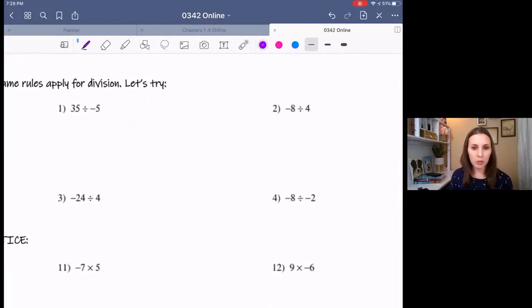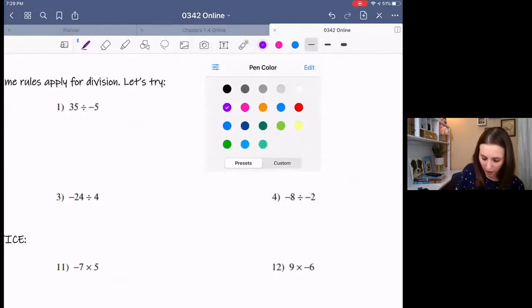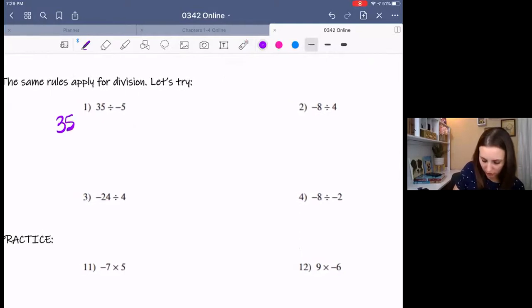And I have some division problems. These are actual division signs. I mentioned that division was multiplication of fractions, so I really want to show you what I mean by that. If you have 35 divided by -5, you might see it that way, and that's okay.